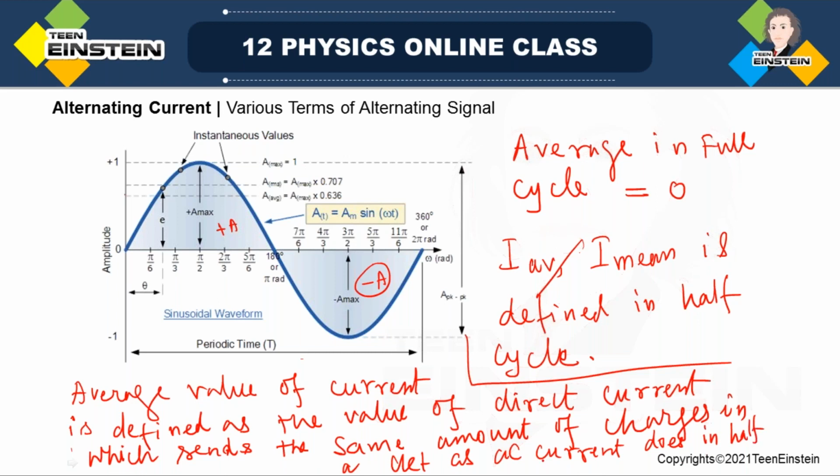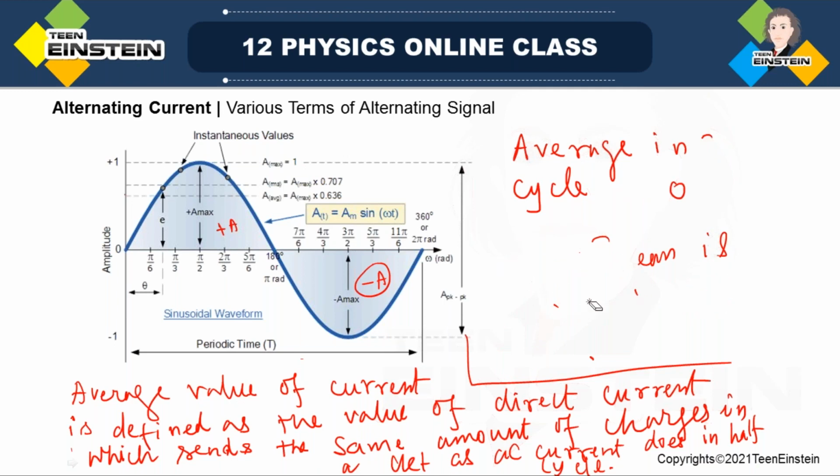Okay, half cycle. I'll just tell you the definition once again. The average value of current is defined as the value of DC current which can send the same amount of charge as AC current can do in half cycle.